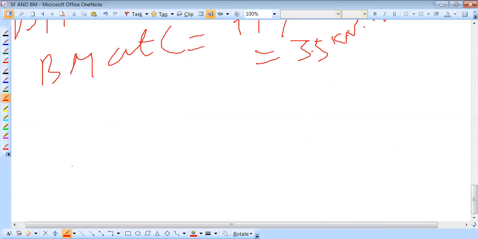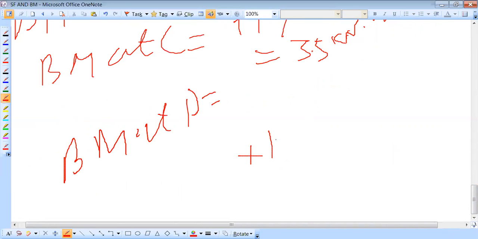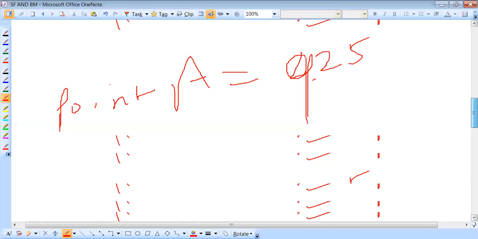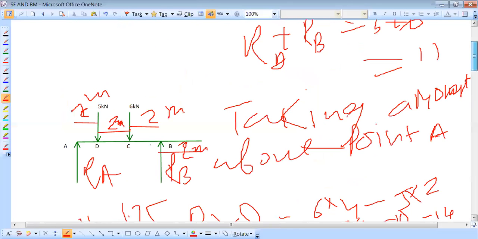Now, BM at D is equal to how much? Then the upward force 1.75 into distance, 2 to 4. You can see the figure here, here 2, here 2. It means 4.